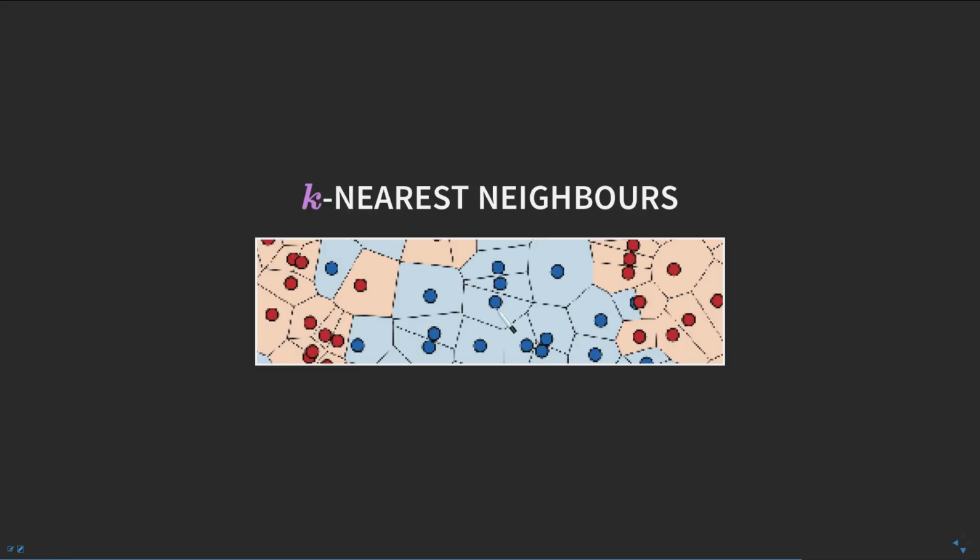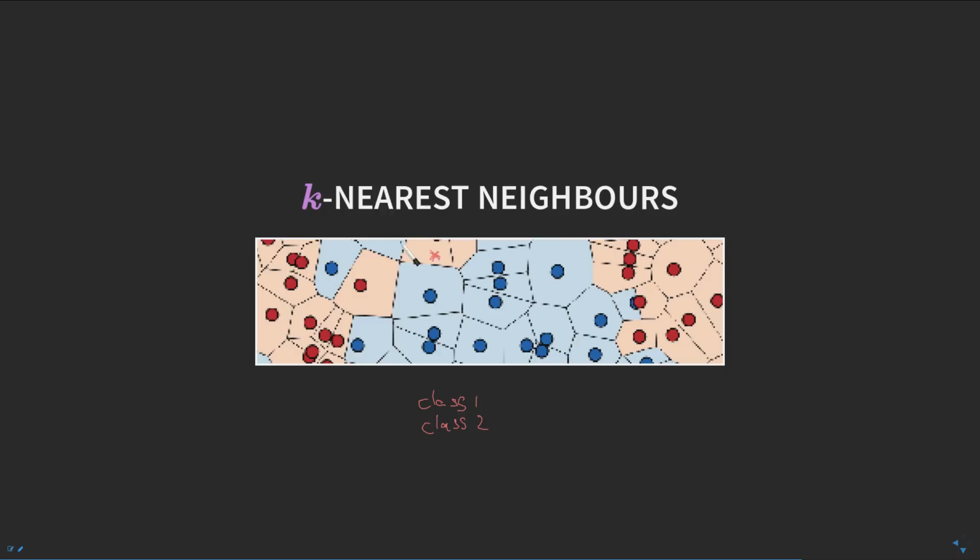So at training time, it remembers the position of all these instances in the vector space and their labels. So it knows that the blue dots are class 1 and the red dots are class 2. And then at test time, if we give it a new instance, it will try to classify it based on the nearest neighbors.